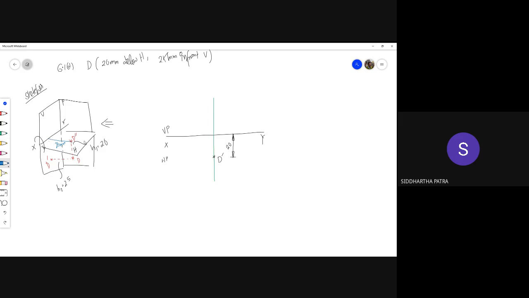So once you rotate the horizontal plane after taking the projection, this point D double prime comes below D prime, and that way you have its front view D prime and the top view D double prime.